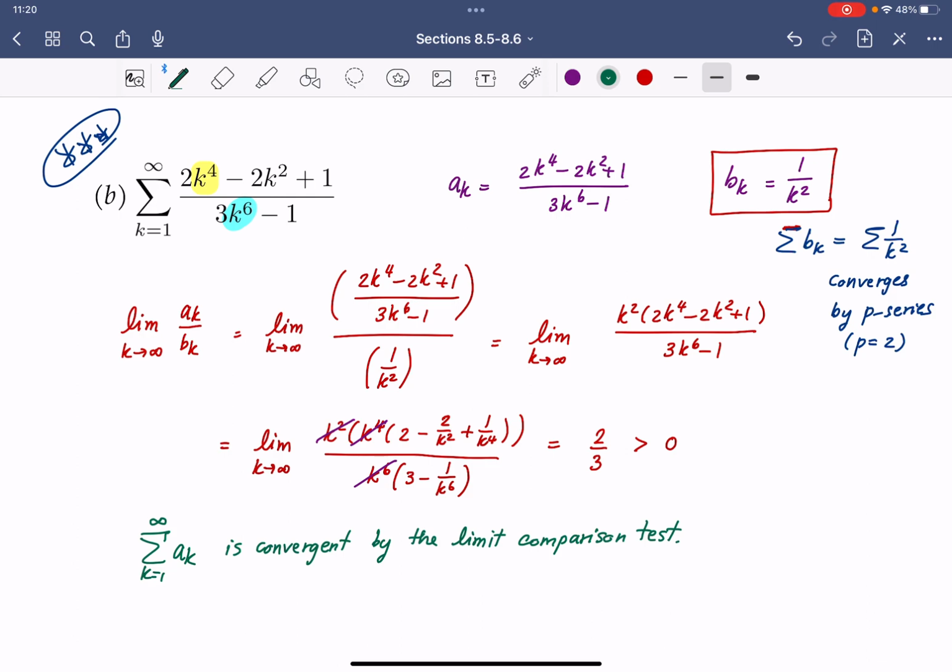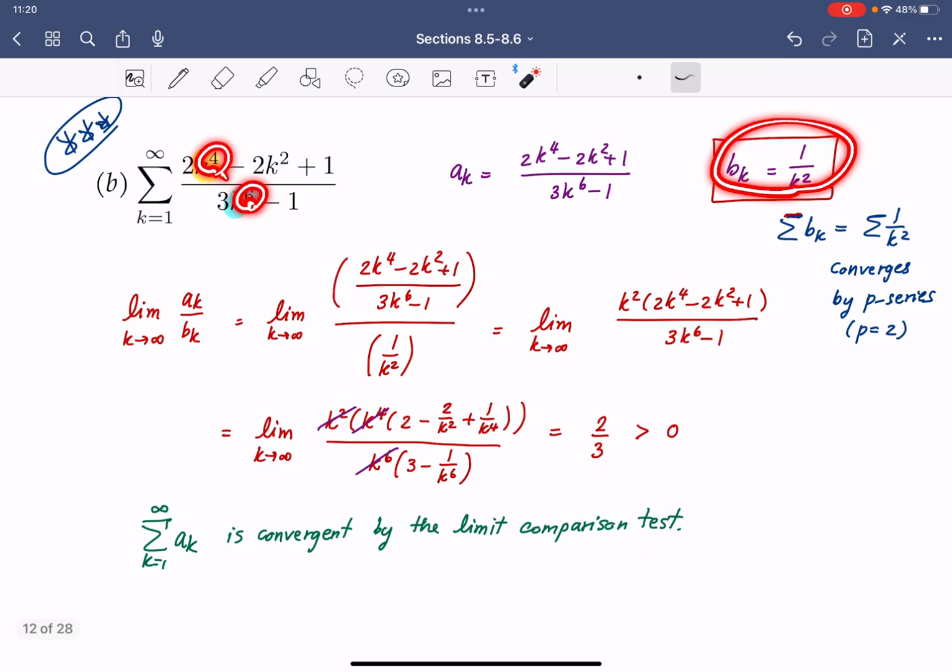This is the technique that you should learn from this question: every time you see that the highest degree is unbalanced, 4 and 6 here, we pick any bk that makes it balanced. Because we have 4 here, we have 6 here, I observe that 4 plus 2 equals 6. Why do I need them to be the same?